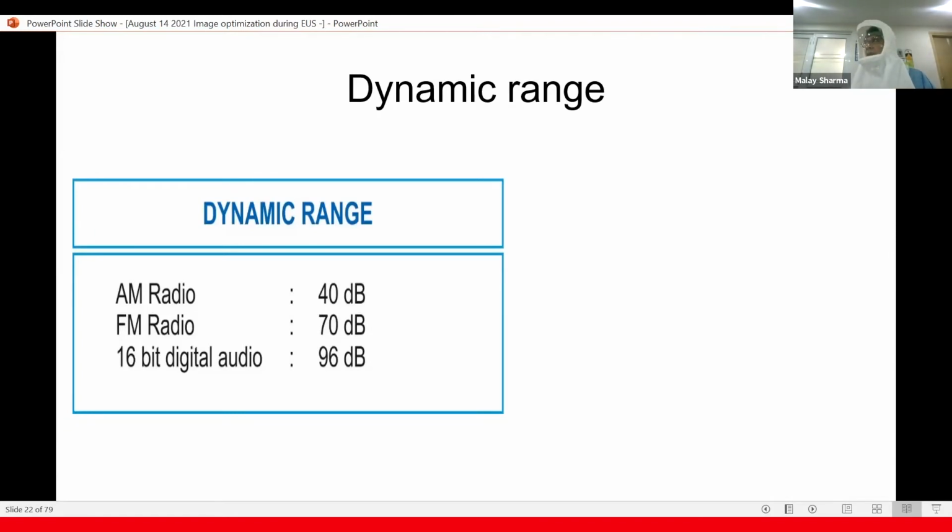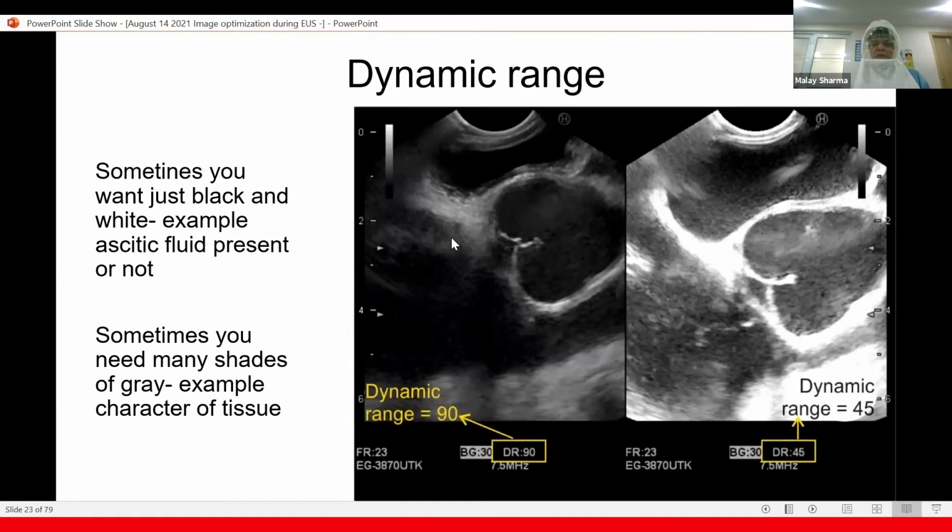The normal dynamic range in endoscopic ultrasound is around 70 to 90 decibels, but we sometimes need to reduce it, as in this case, where we want to see only black and white. When we were injecting varix, we needed to see only black and white, and even better imaging would have been possible if we reduced the dynamic range to 40.